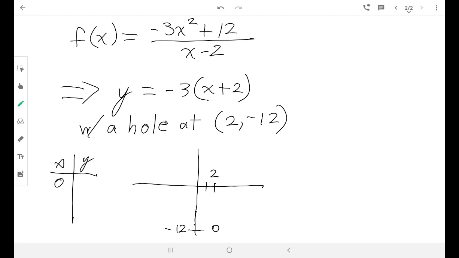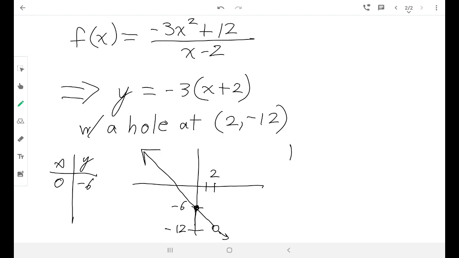If I plug in 0, I get out negative 3 times 2, which is negative 6. So there's another point that I can fill in as 0, negative 6. That's an actual point, and it's just a line right there.